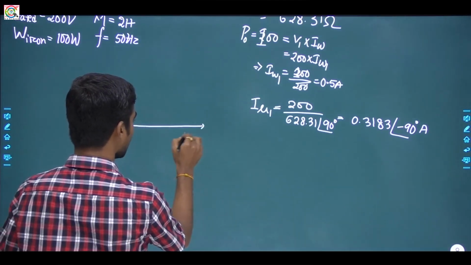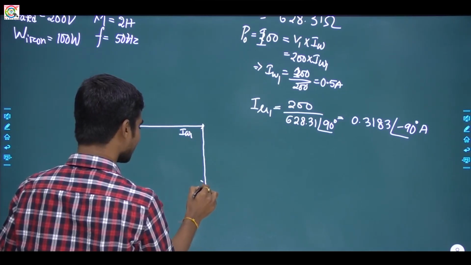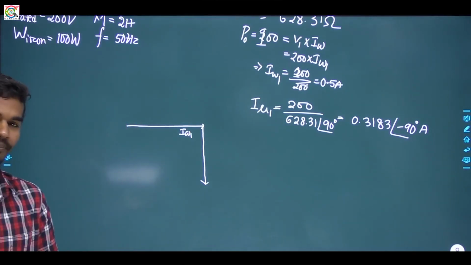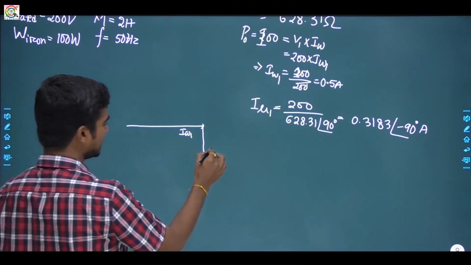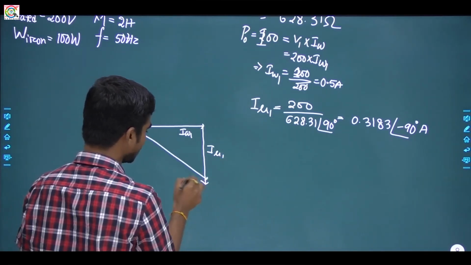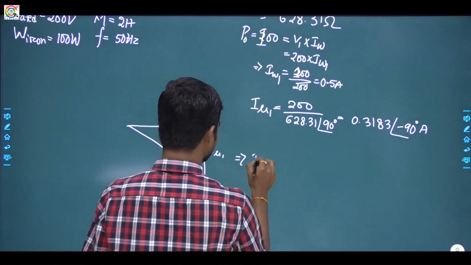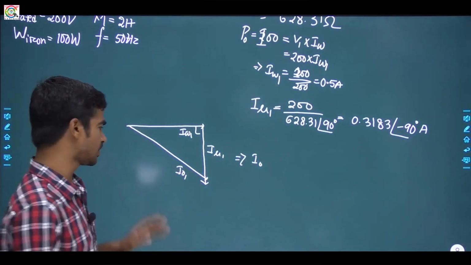This one is your IW1, and here the current is lagging. The magnetizing current is lagging behind the voltage by 90 degree. That's why this one is I mu1, and this is I naught 1. So from this figure you can say that this is 90 degree, so here the Pythagoras theorem will apply.